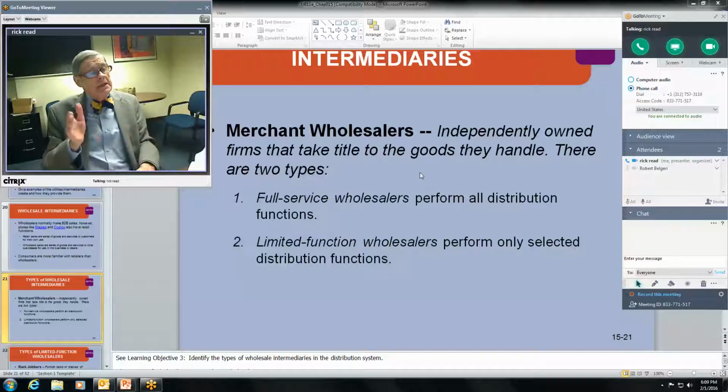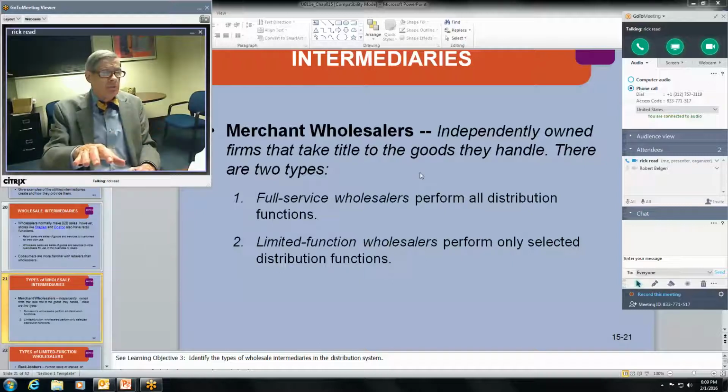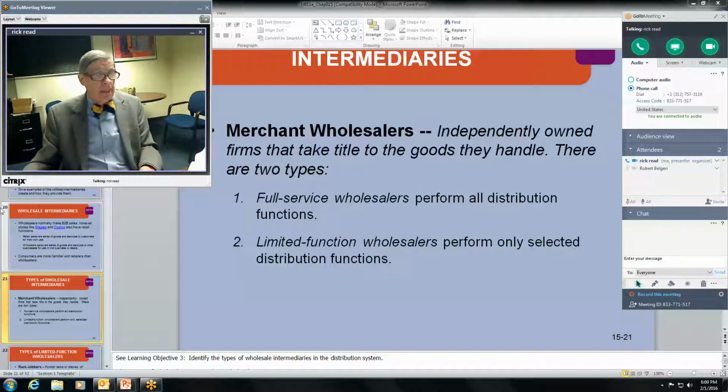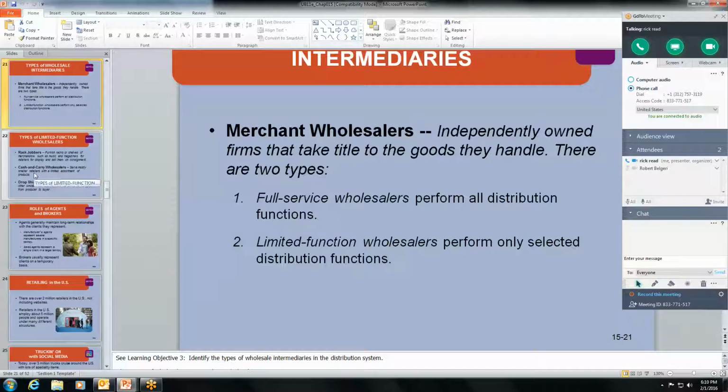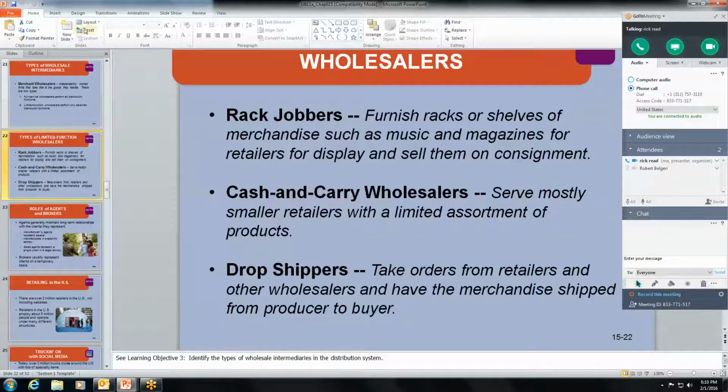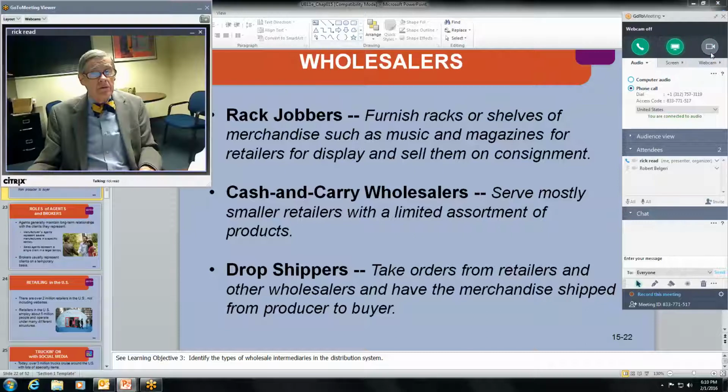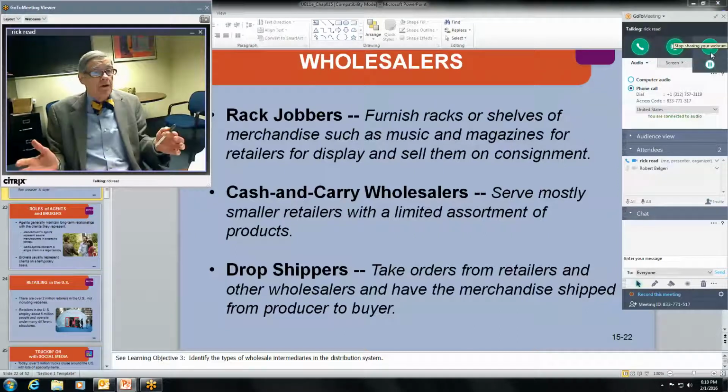The limited function people, however, only do certain functions in the distribution process. They don't do everything. I have to tell you that my experience is with full service wholesalers, not with limited, although I could have run into a limited and didn't know it.